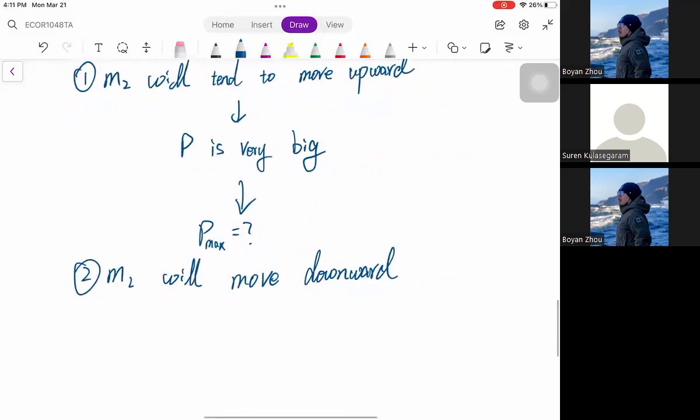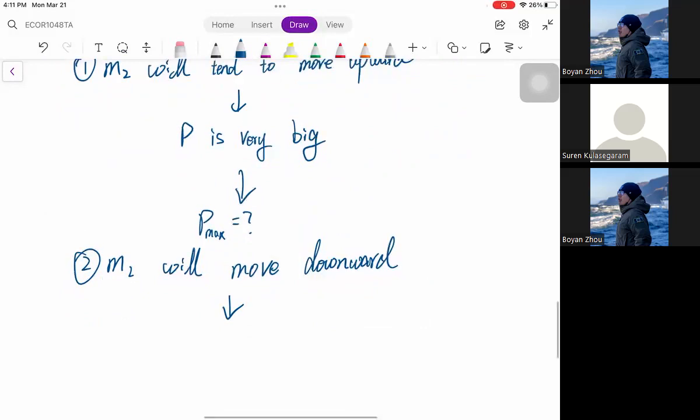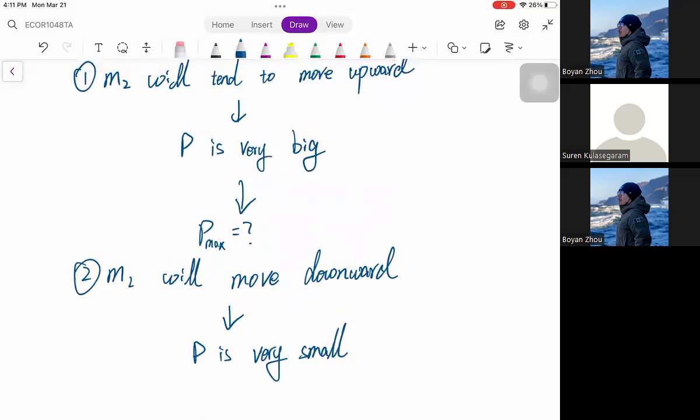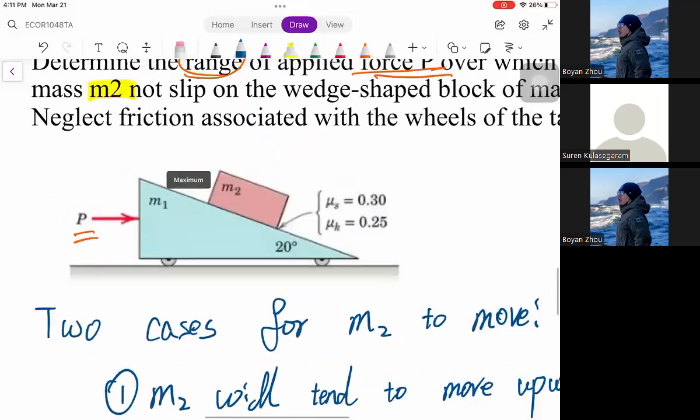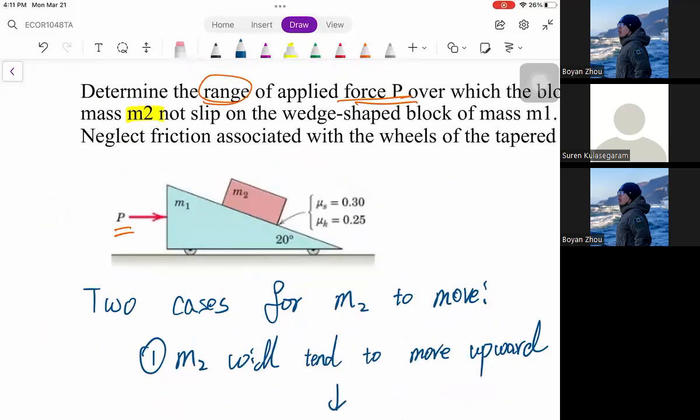For M2 to move downwards, the car has to be moving very slowly, meaning P is very small. Going back to our drawing, there are two cases again.